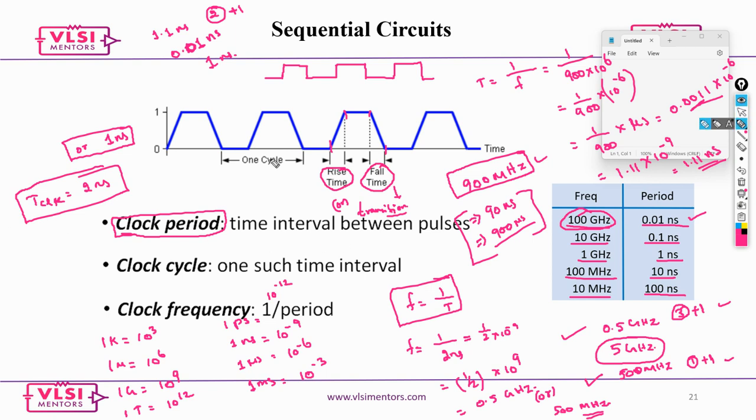Okay, so 633 megahertz. What would be your clock period? 1 nanosecond, sir.